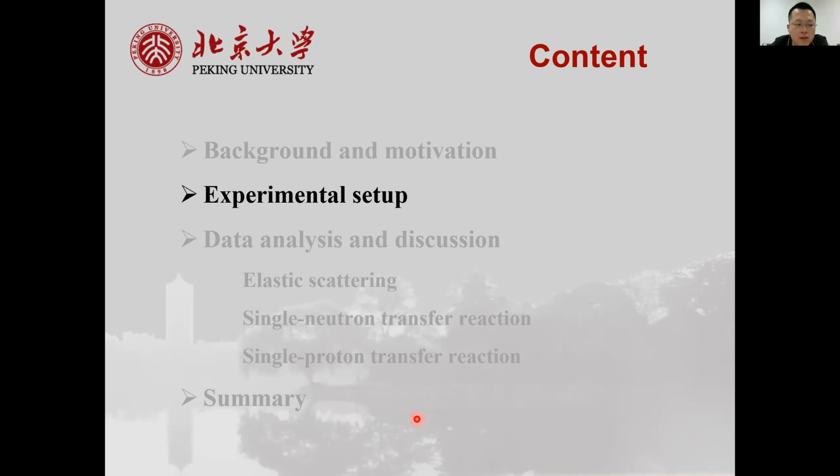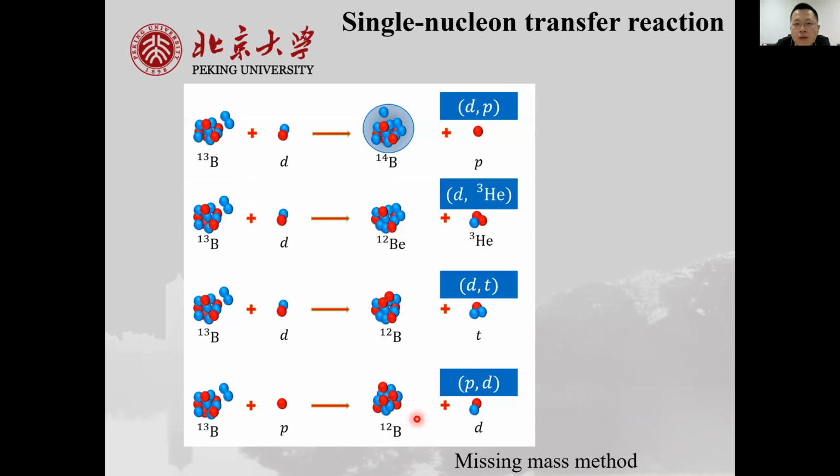So in order to systematically obtain the individual S wave and D wave intruder strengths, we designed an experiment at Osaka University. We chose the single-nucleon transfer reaction as our experimental tool to study the structure of boron-13. We use a CH target and a CD target.